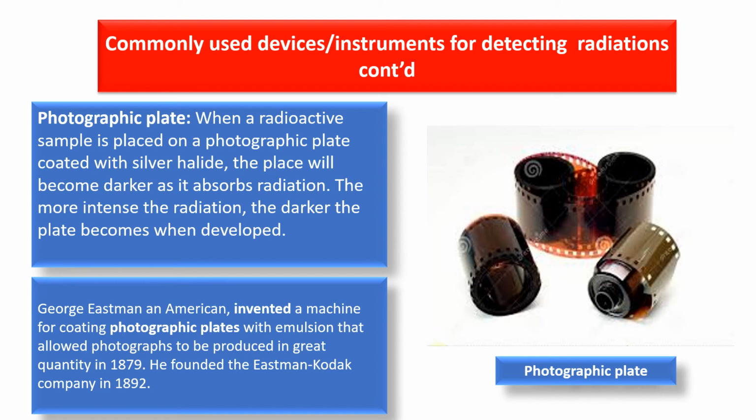When a radioactive sample is placed on a photographic plate that is coated with silver halide, the photographic plate can be used to measure the intensity of the radiation by considering the radiation it absorbs. When this photographic plate absorbs radiation, it becomes darker, and the level of the darkness will tell how much ray it has absorbed.